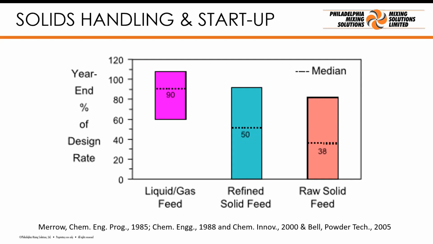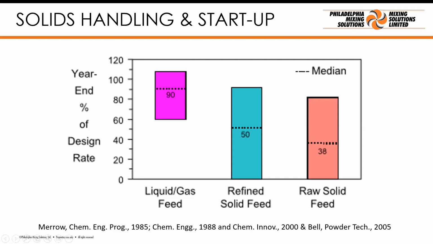So we're looking at the percentage of the design rate. So if the feeds are liquids and gases, the median is 90% of design rate. And within 1 year, some plants have actually exceeded their design rate.